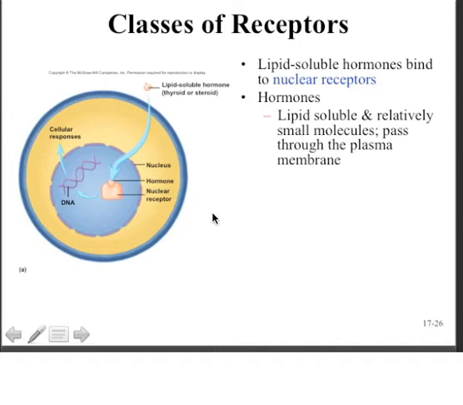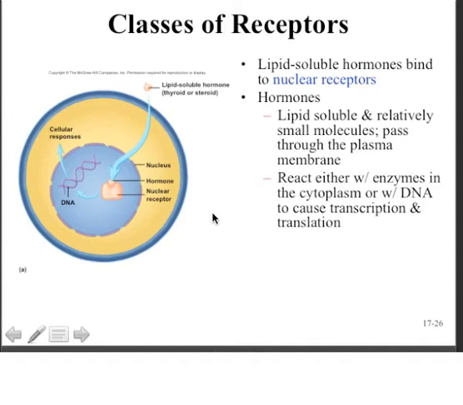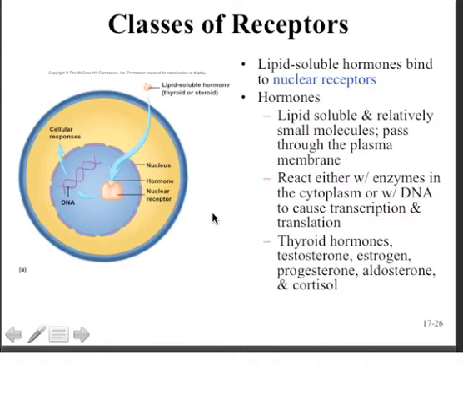So you can see here that a lipid-soluble signal can very easily pass through the cell membrane and bind to the receptor either in the cytoplasm or in the nucleus itself. As a result of that complex being formed, we search out the target gene and trigger transcription and, as a result, translation.